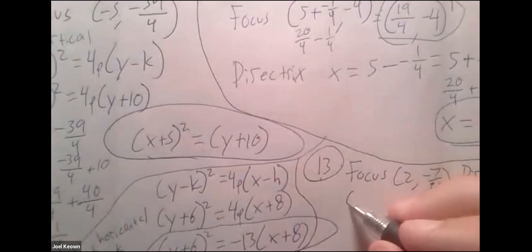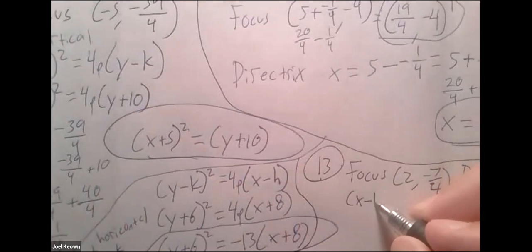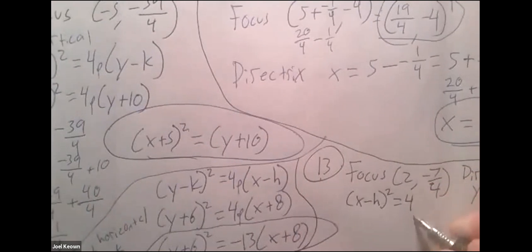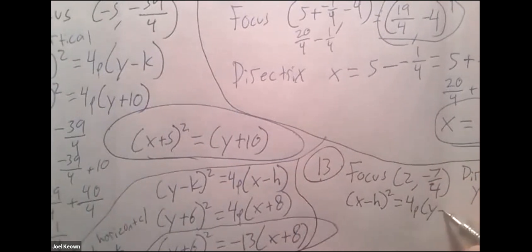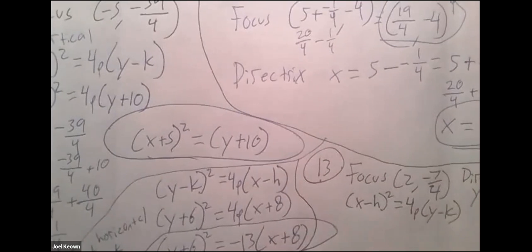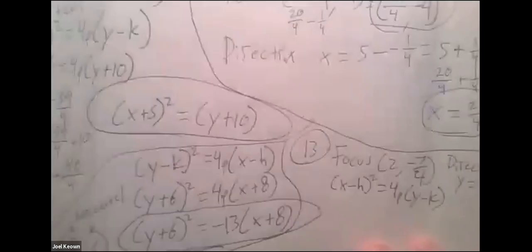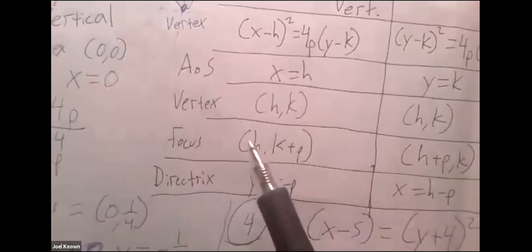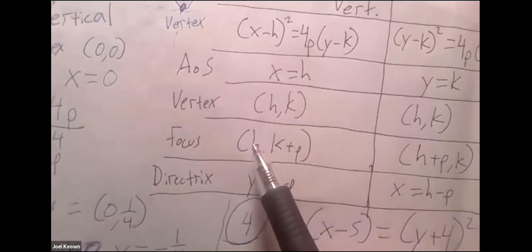Vertical is x minus h squared equals 4p y minus k. Well, the focus, I know one of those two values is h or k. The x value is h.